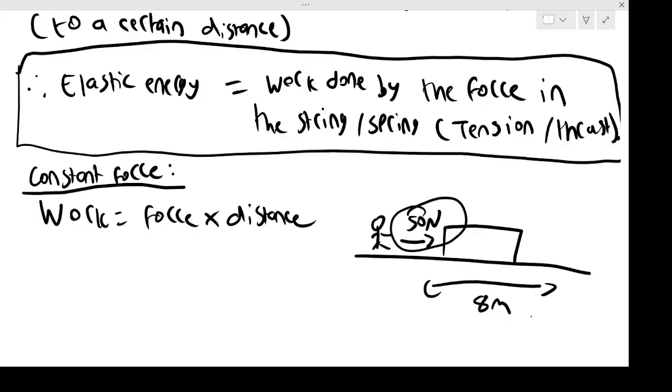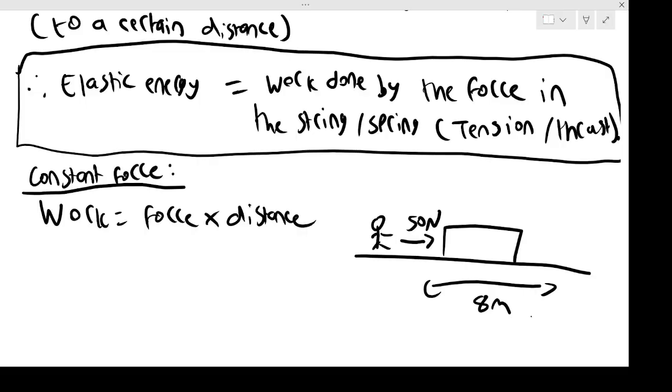So what I'm saying here is, for the entire 8 meters it moves, the person will always push by 50 newtons. But in reality, the force will change, because if you think, even let's say like working out in the gym or doing some physical activity, you're going to get tired throughout, and especially towards the end, you're going to have less force, because you're going to be tired.